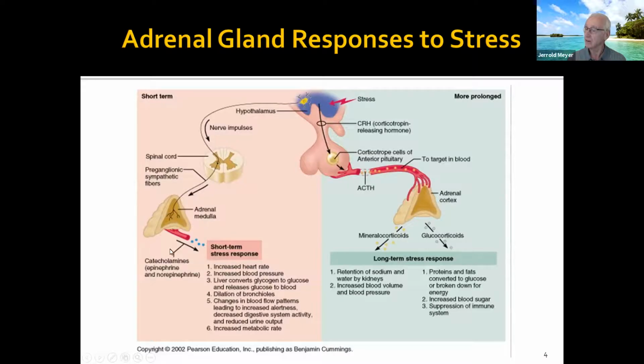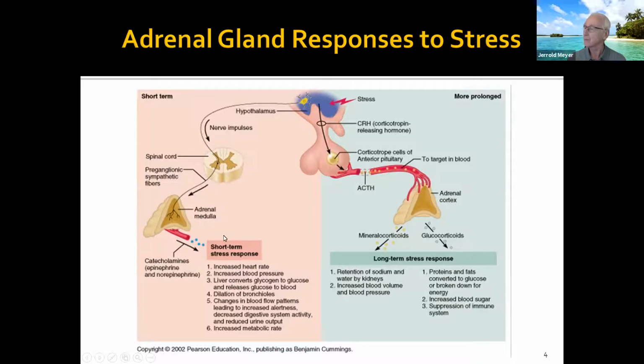Chromaffin cells are the cells that synthesize epinephrine and norepinephrine. They're sort of like neurons in their biochemistry, except that they don't have dendrites and axons and things like that. They're secretory cells. So instead of secreting these into synapses as neurotransmitters, these substances are secreted into the bloodstream as hormones.